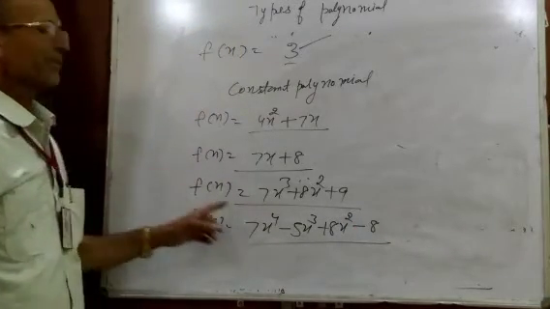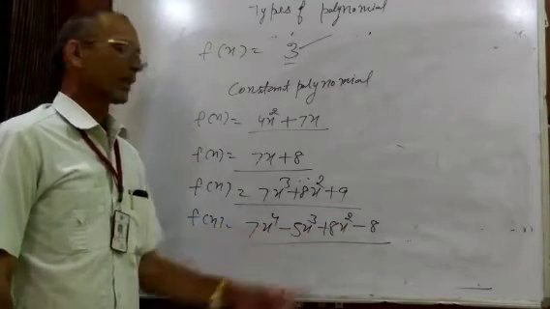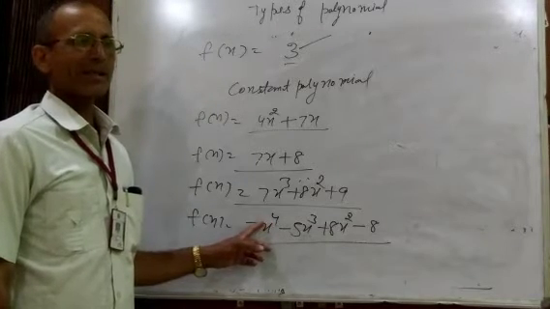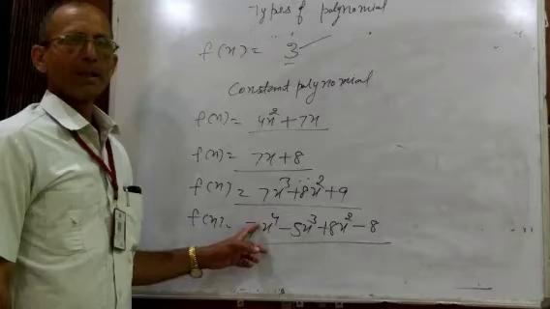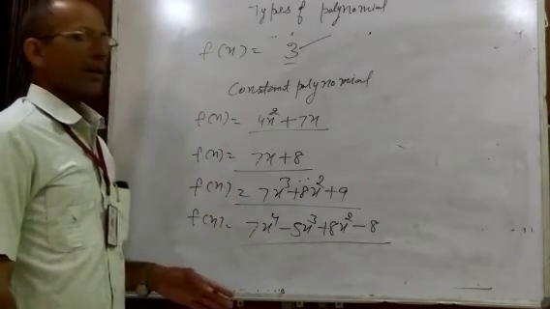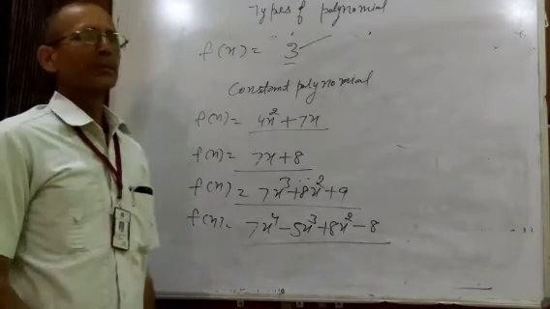So this is a biquadratic with 4 terms. The highest power of the polynomial is 4.